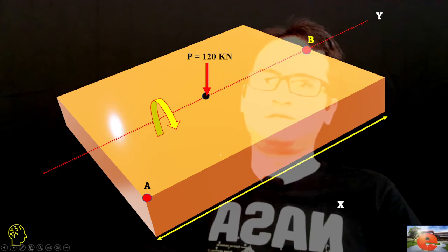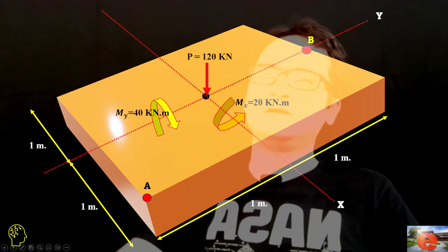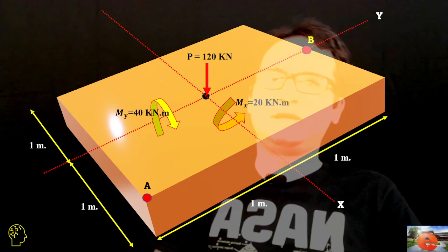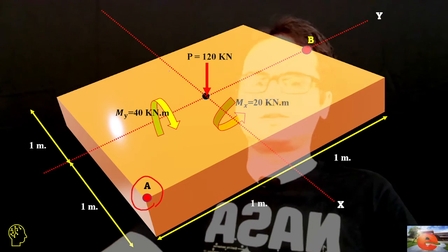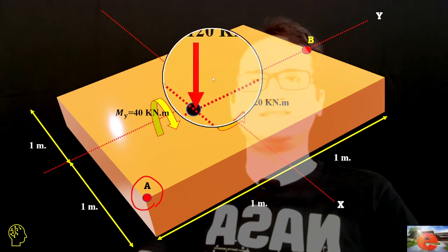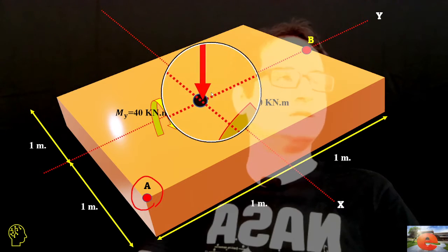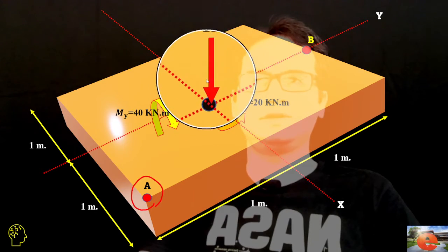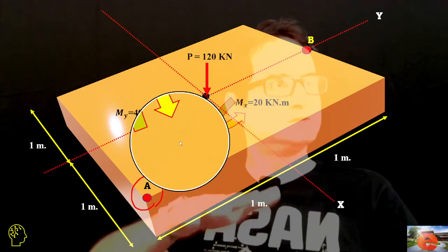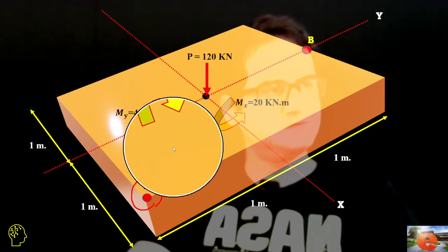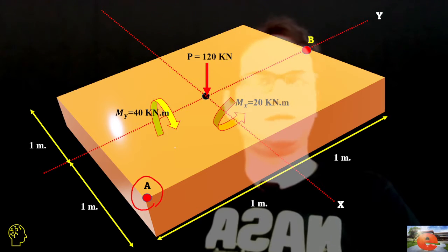As you can see, there is a concentrated load at the center that applies 120 over the 4 meter squared area. That's a compressive stress applied at each point beneath the foundation.